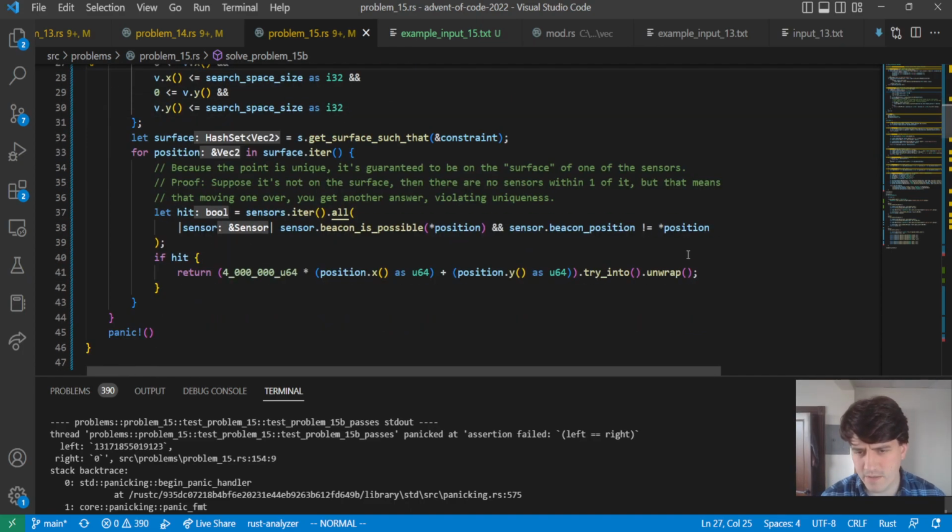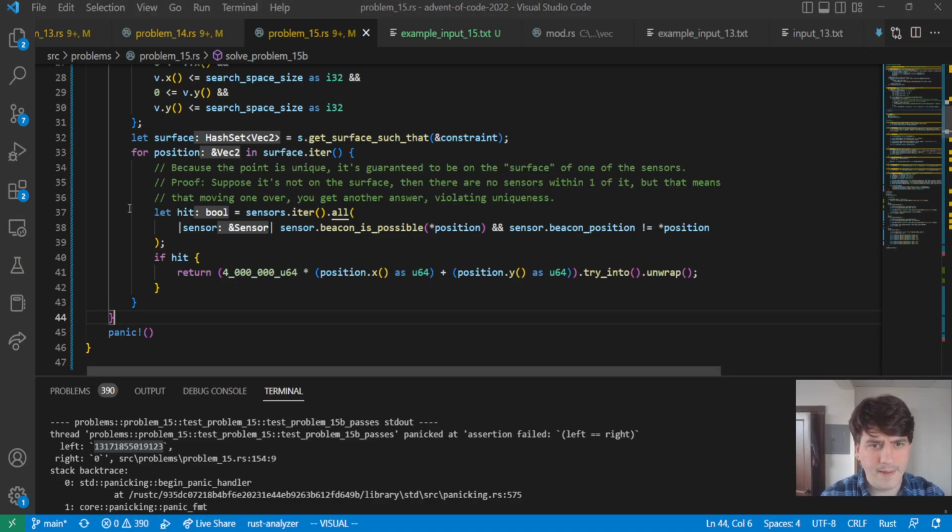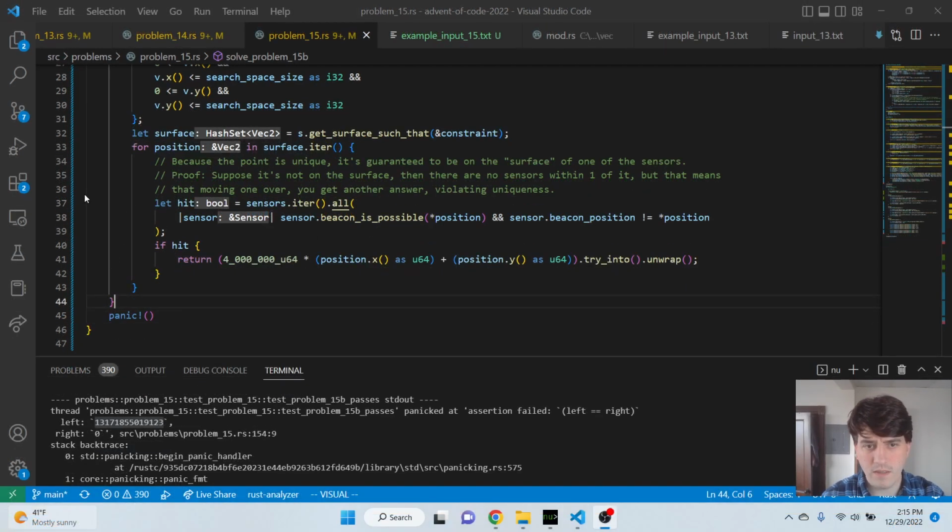Well, it feels like there's a way to improve it, but I think I'm not going to if this is right. Oh, sorry if I'm dropping frames. Getting some warnings here, hopefully that clears up. Okay, let's submit.